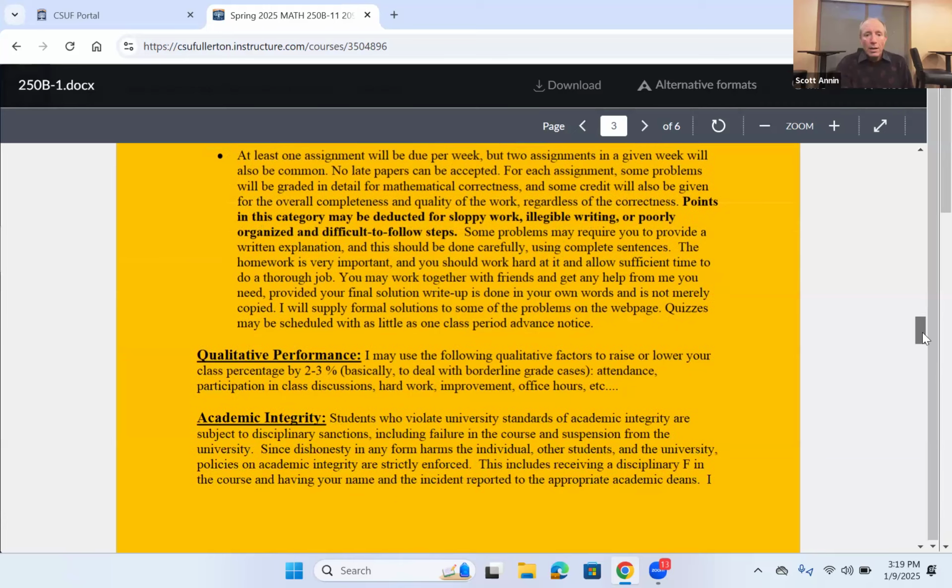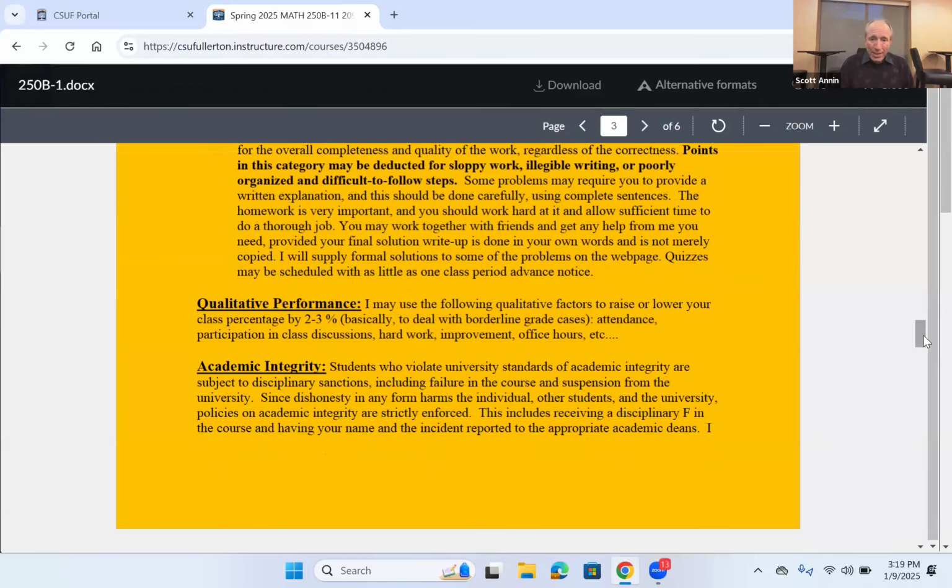Okay. Also, qualitative performance. I don't really take attendance. I don't really mark down participation, but through the course of 15 weeks, I get a pretty good picture about who's really serious about the class and who's attending, who's participating, who's trying to learn, who's coming to office hours, who is improving over the course of the semester.